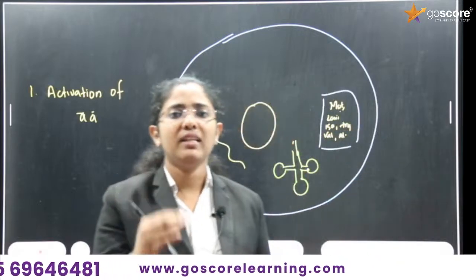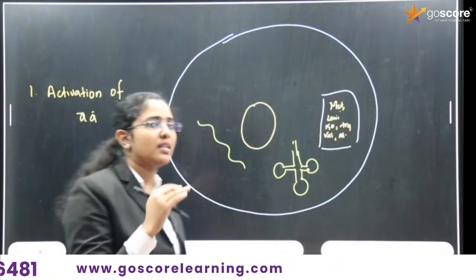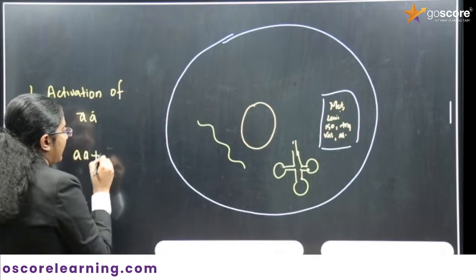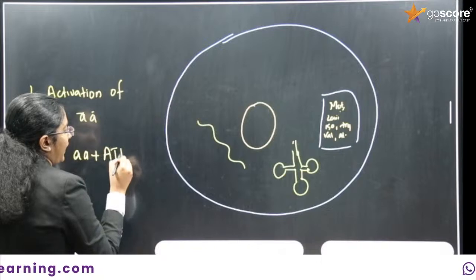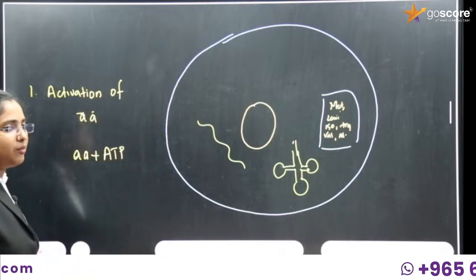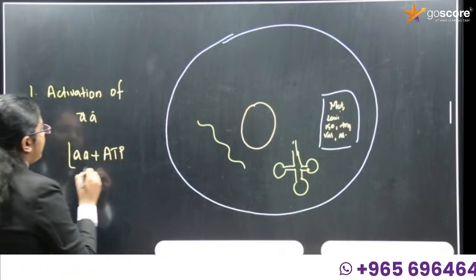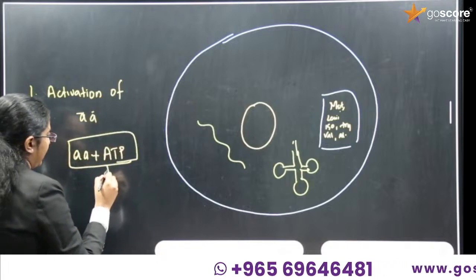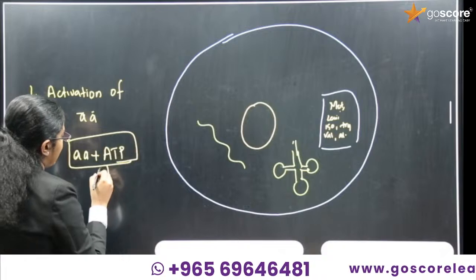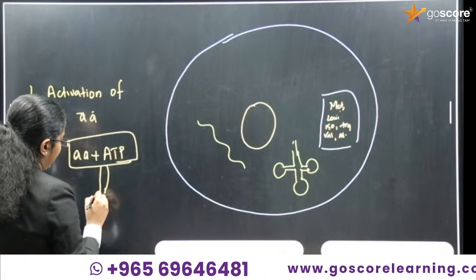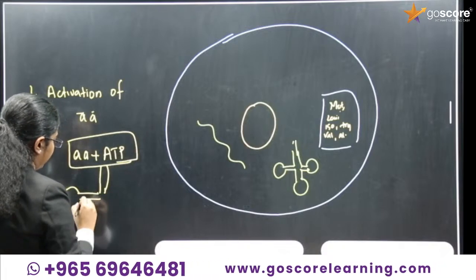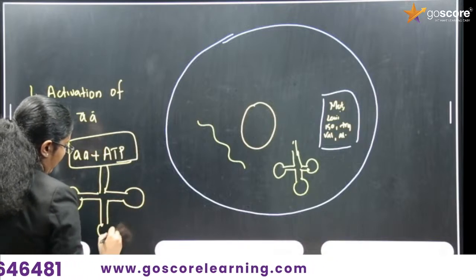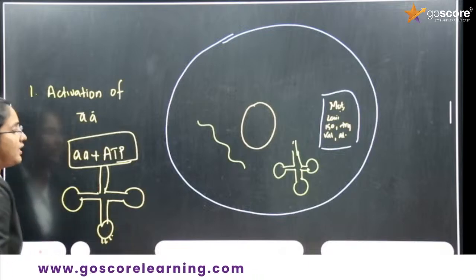In order to meet the energy requirements, the amino acid has to be connected with ATP after getting activated. This activated amino acid will be connected to the tRNA molecule, which has anticodons.